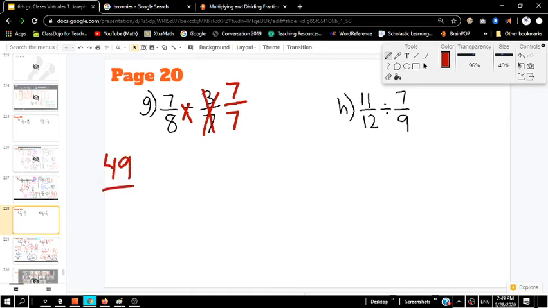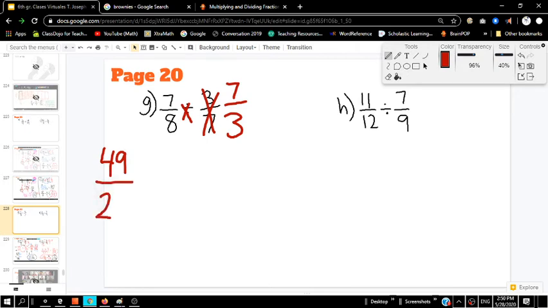Oh, actually, no, that's not correct. That would be 7 over 3. Didn't look right. Okay. 7 times 7 is 49. And 8 times 3 is 24.